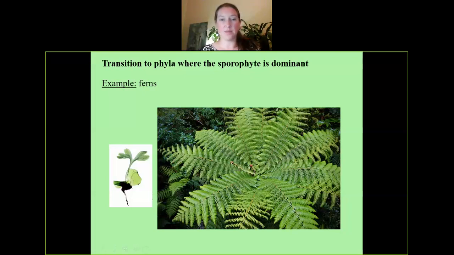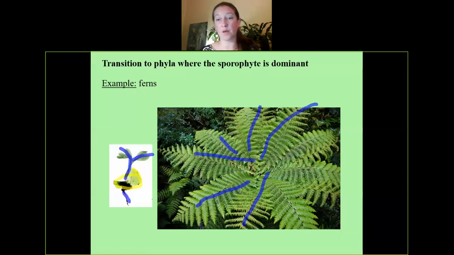This is just that same thing I showed on the previous slide. Here's your young baby plant growing out of the gametophyte, because that's where the egg was. But ultimately, the gametophyte is going to go away. And when you look at a fern, you're just looking at the sporophyte plant.